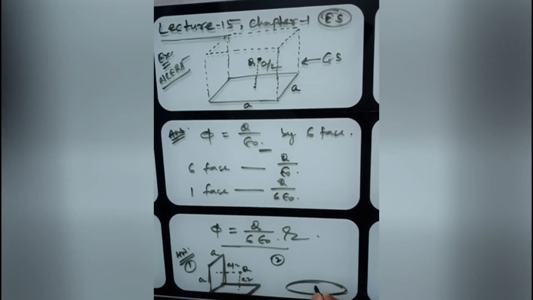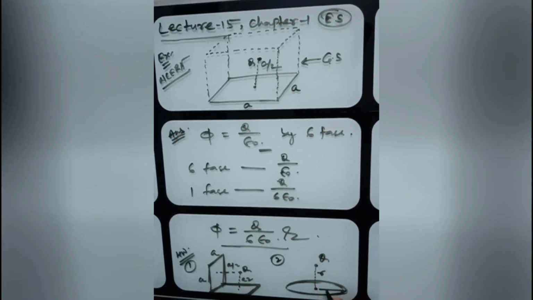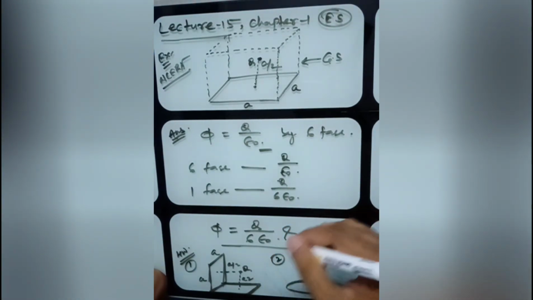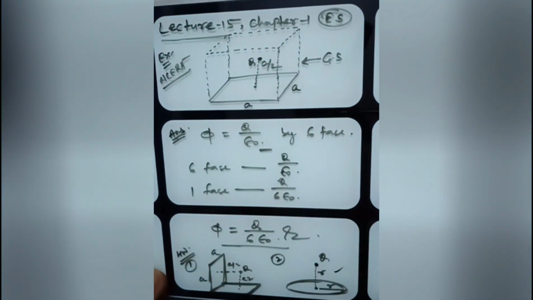From the center, a charge is placed at R, and the radius of this plate is also R. Here, for these 2 adjoining faces, you have to find the total electric flux, and here you have to find the flux of this charge by this circular plate. Okay, student, that is all about today's lecture, which was very important. Thank you, my dear students.